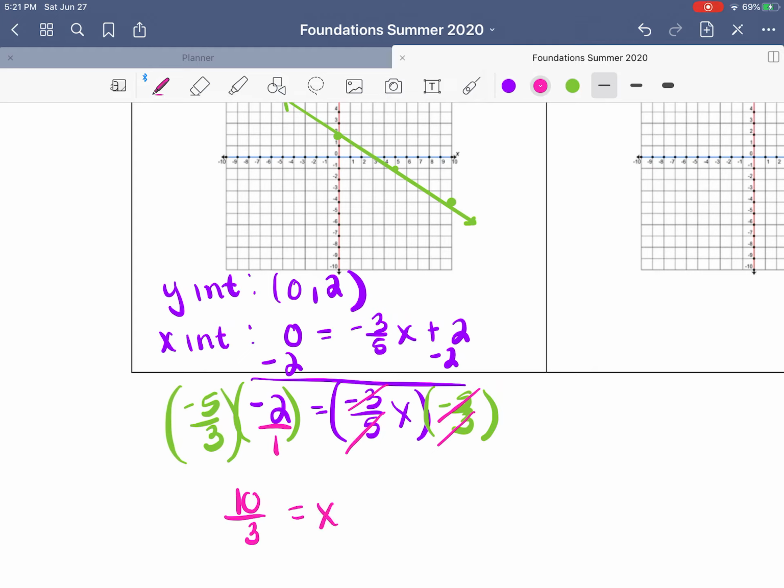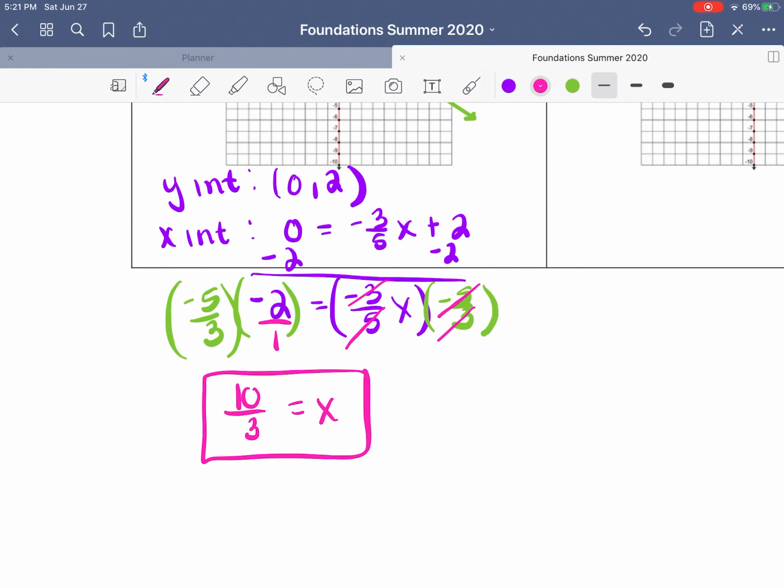And it would have been hard to tell from the graph anyway. We got a fraction. So that's why it would have been a little bit hard. So we can write that point as (10/3, 0). Or you could do a decimal, 3 1/3 or 3.3 repeated would be fine.